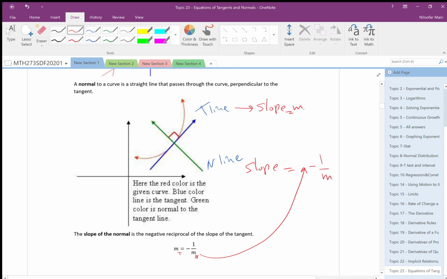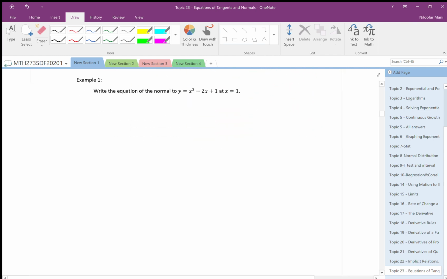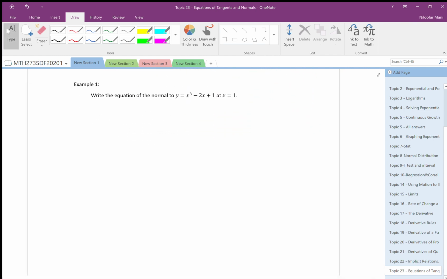Perfect. So if I find the slope of the tangent line, I can take the reciprocal and the negative, and then I have the slope of the normal line. Now I go to the normal line here, step by step. First, y prime is 3x squared minus 2.